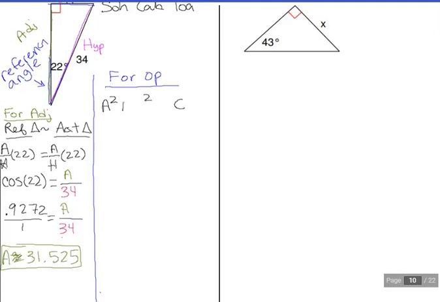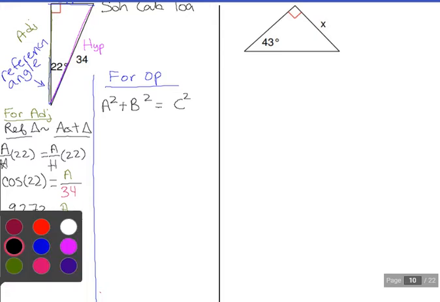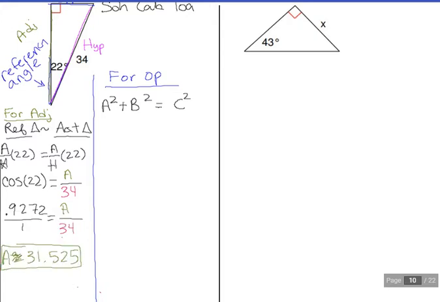I personally prefer just setting up another trigonometric problem using sine, cosine, or tangent, but this method is just as good. Riskier, because we have to use a value that we personally calculated, and we could have been wrong with the adjacent side. But sometimes we just have to trust ourselves. So let's just use that. The adjacent side, A, that we got, 31.525.